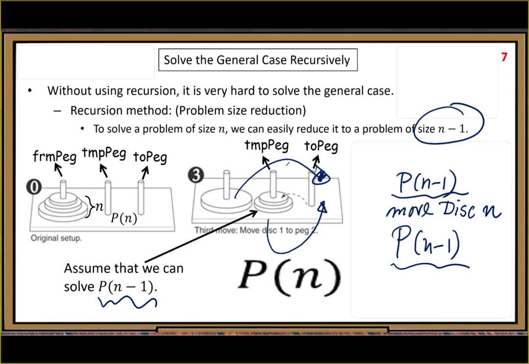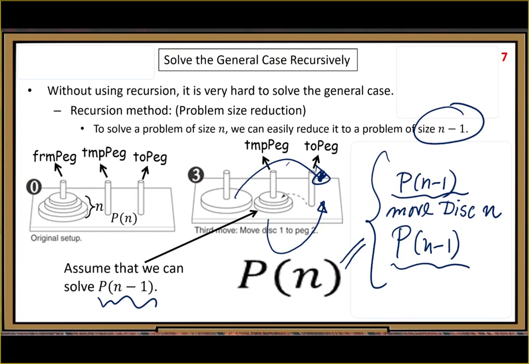Then you have everything. Combine these 3 steps, and you have P of n. That's the recursive function structure.